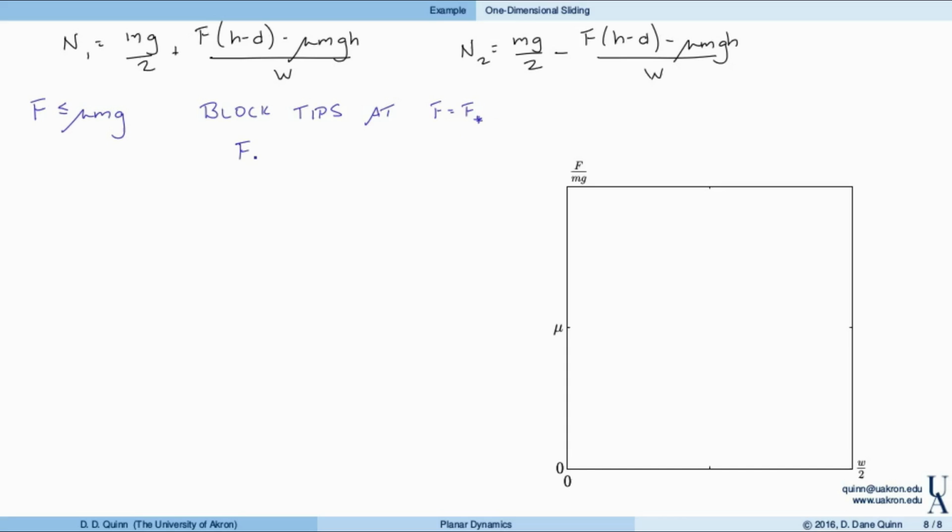This value of F star over mg was given as w over 2 divided by d, exactly the same results as before. Here, F over mg has to be less than mu for this case of stick. And then, once again, we have two cases. This is the line F star over mg.